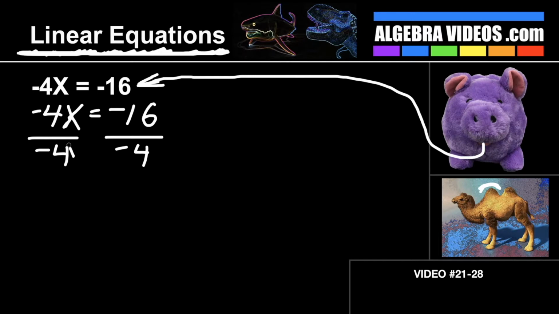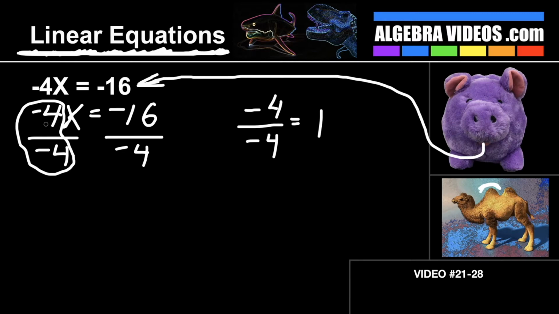And here's the reason. See this term right here, negative 4 divided by negative 4? Let me just write it out here to the side. Negative 4 divided by negative 4 equals 1. Anything divided by itself is equal to 1.